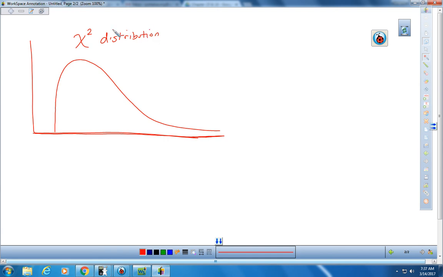The reason that there's such a bulk down here is this is what we're hypothesizing our value is, at this edge here. We're saying this is where the data should be if these things are independent, or if we have a goodness of fit test. If the data fits perfectly, this is where it should fit.